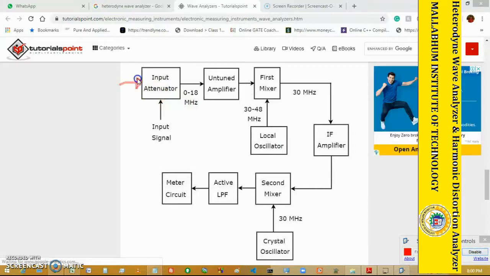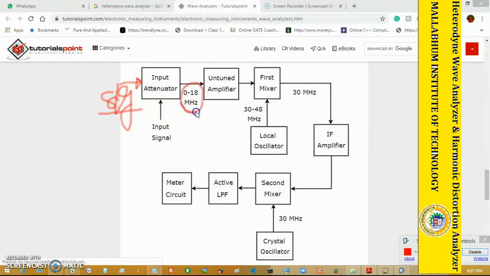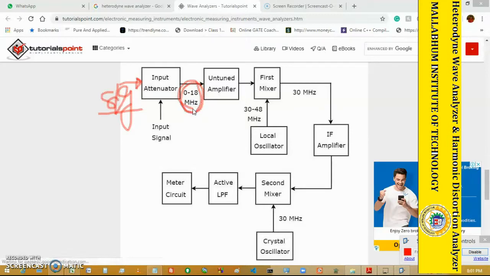The actual signal is fed to the input attenuator, and the attenuator's function is to compress the signal. If the signal amplitude is too large, it compresses it to the instrument range. As I said previously, the range of the heterodyne wave analyzer may be in the megahertz range, up to 20 megahertz.